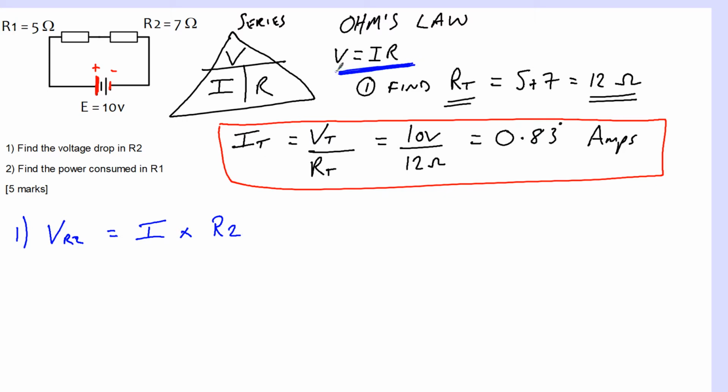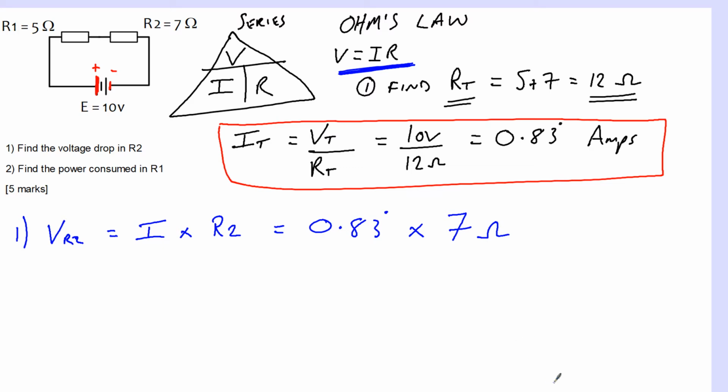So voltage drop across a resistor is equal to the current through it times its resistance. So voltage drop across R2 is the current times R2 itself, which is 0.83 recurring amps times R2's value, which is 7 ohms.